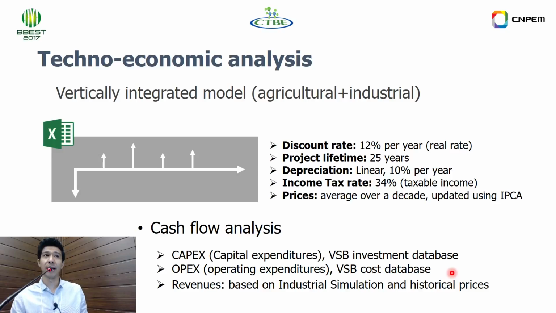In the virtual sugarcane biorefinery, we have a good database to estimate, for example, the expenditures with labor and chemical inputs we spend every year to produce ethanol. And the third and last element is the revenue side. We have to estimate how much ethanol or electricity we produce over the year, and then we cross this data with the price data, and we obtain a projection for revenues over the 25-year period.